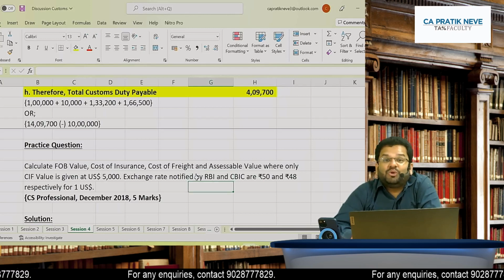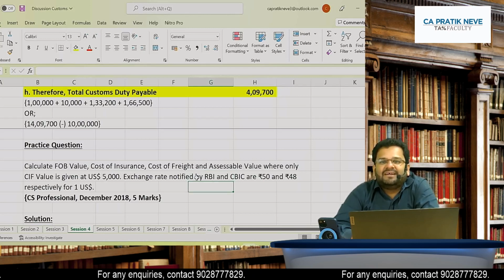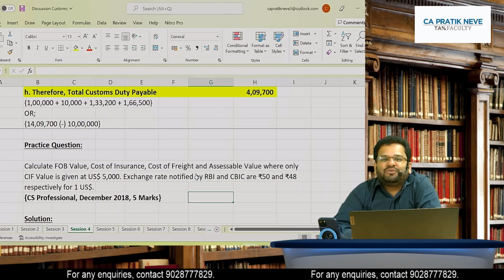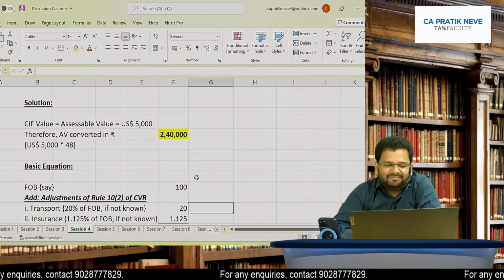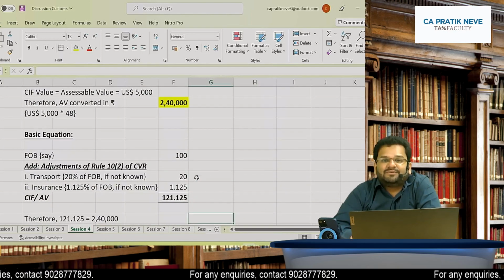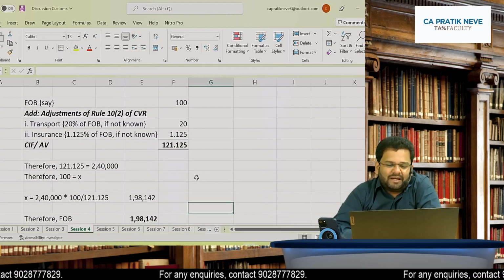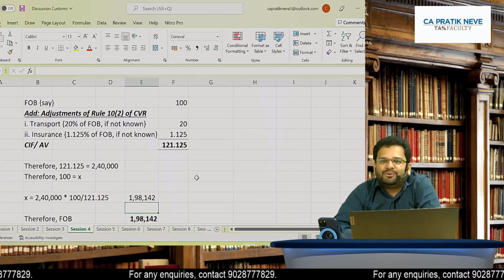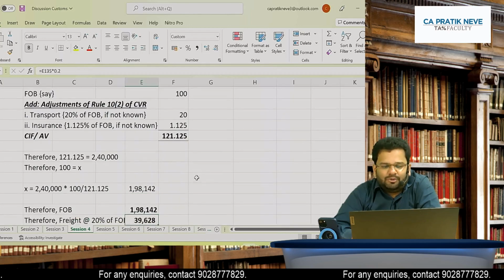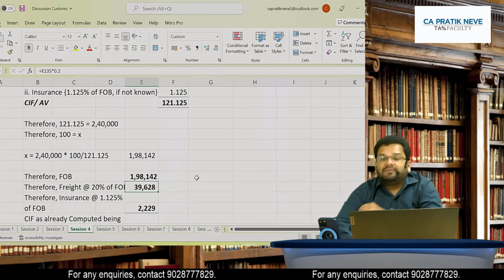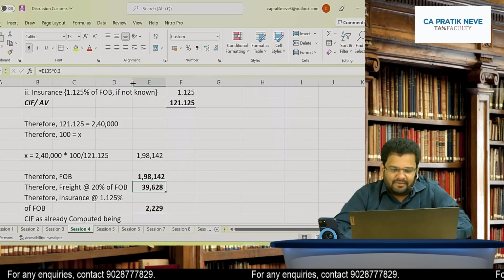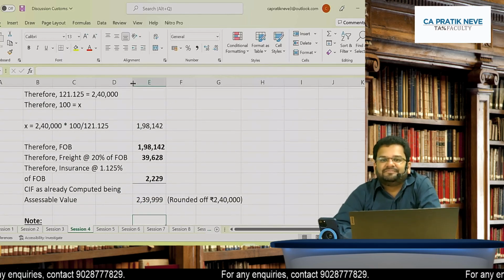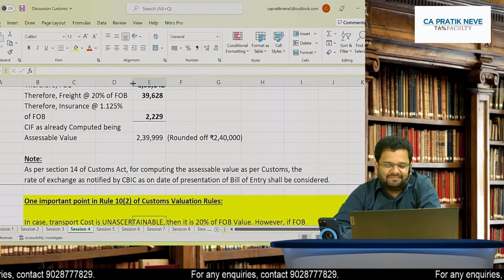So can I say 2,40,000 is equal to 121.125? So 100 is what? Check. 100 is what? So that 100 which you get will be your FOB value. Once you get FOB value, obviously you can calculate transport and insurance. Yes or no? And you can tally the answer.